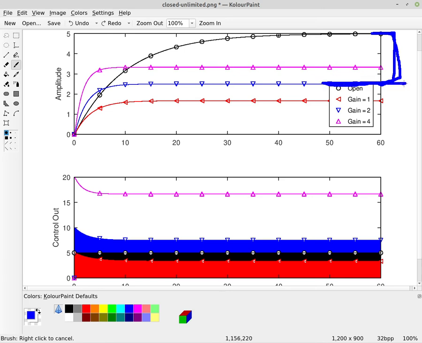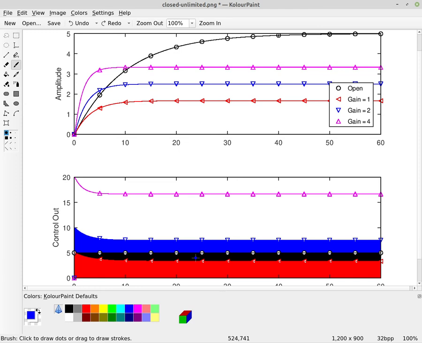I'm not sure what that value is. I should have printed it out, but you can see that I'm pushing it a lot harder now, which means that I'm using a lot more energy. I pushed the system closer to the final value, but it's still way away from it, and I'm using more energy than I did with just open loop control.